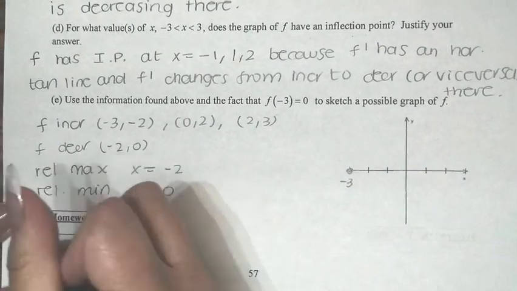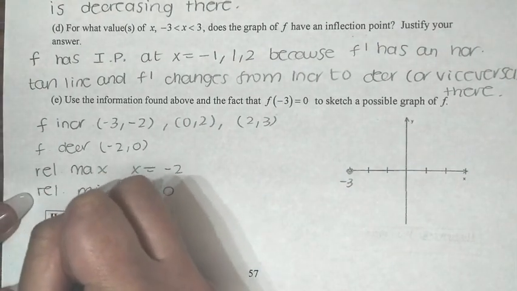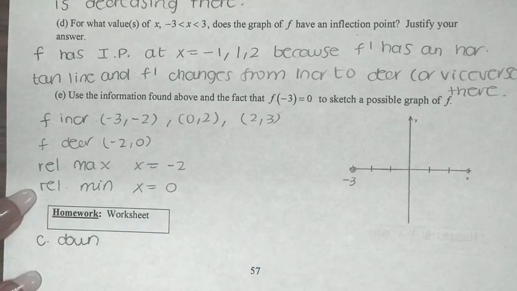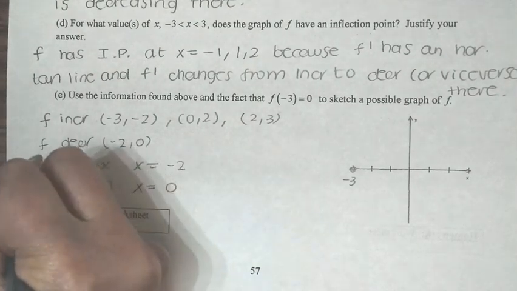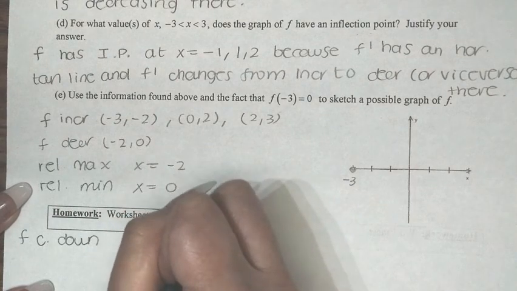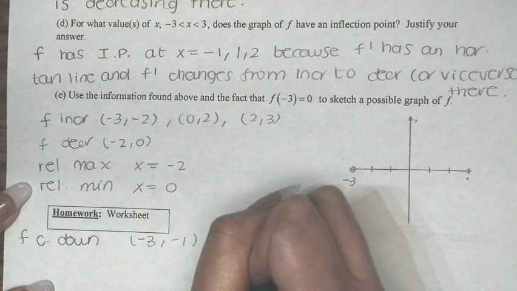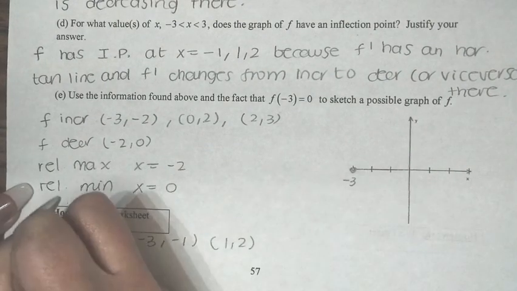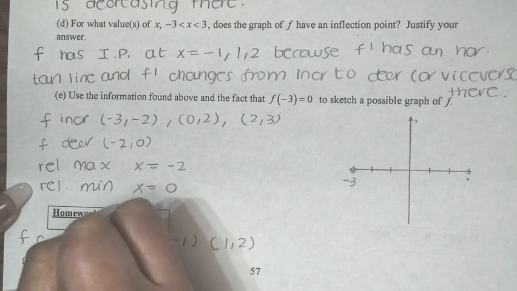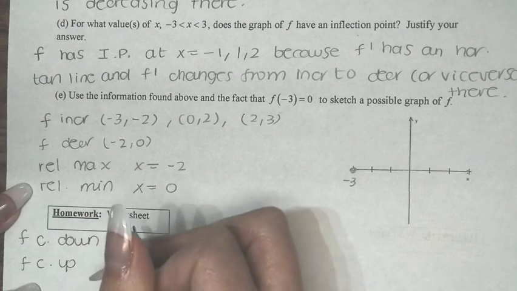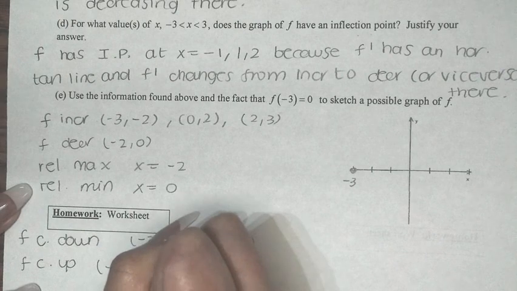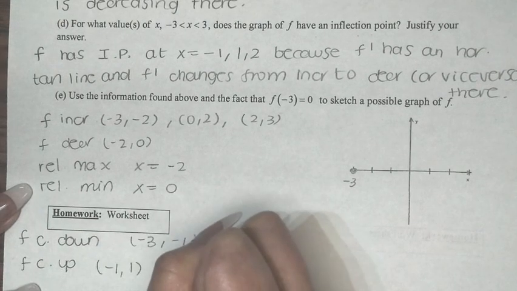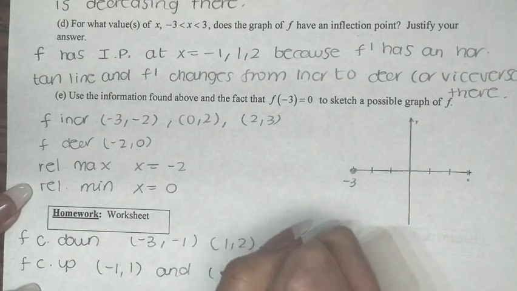So we know that f is concave down on two intervals: from -3 to -1, and from 1 to 2. And then f is concave up from -1 to 1, and also from 2 to 3.